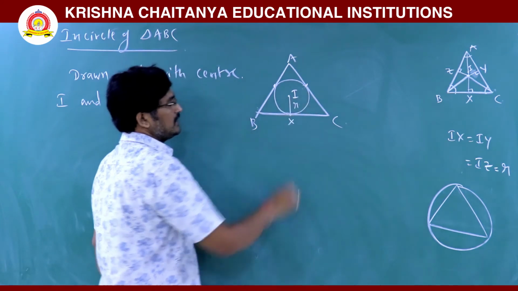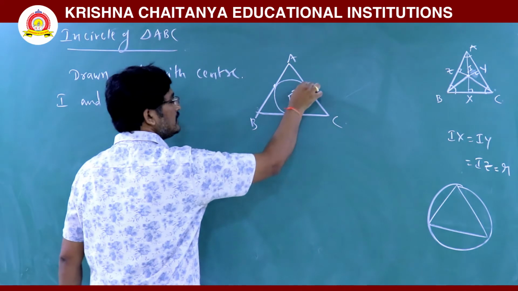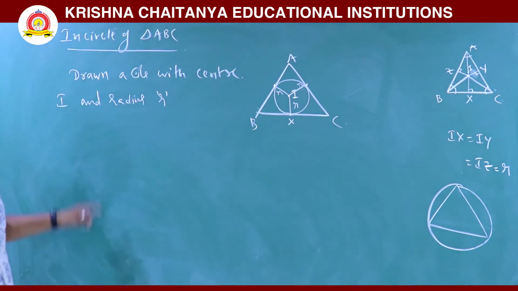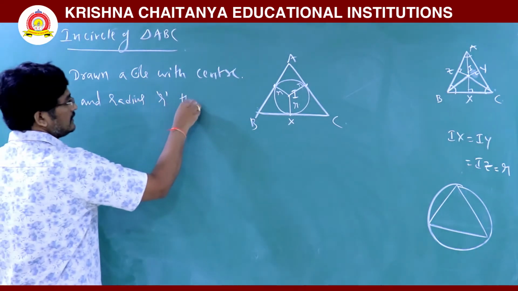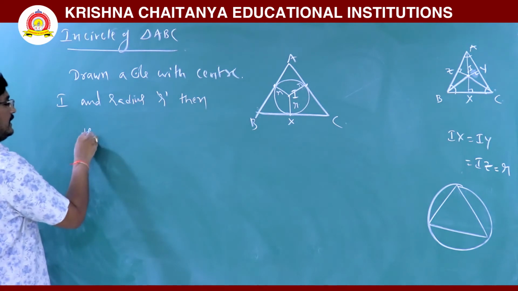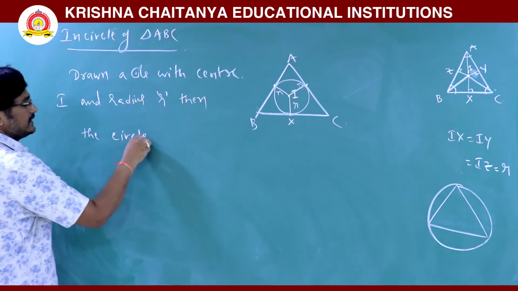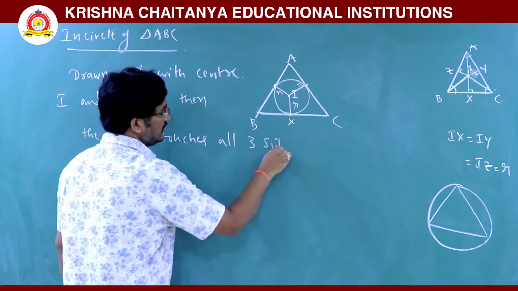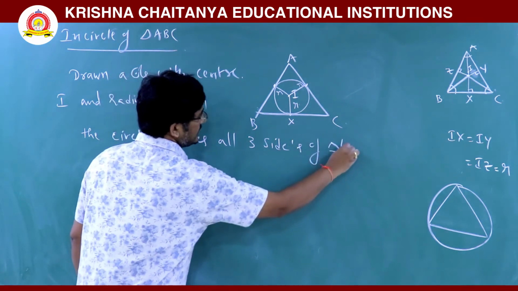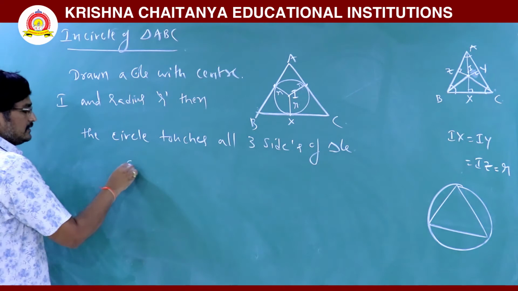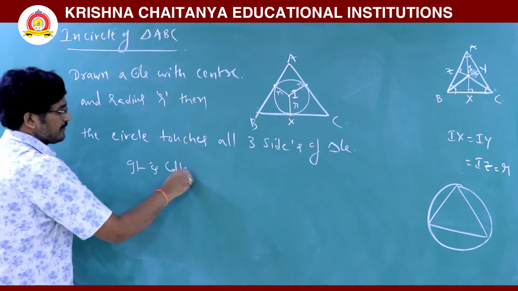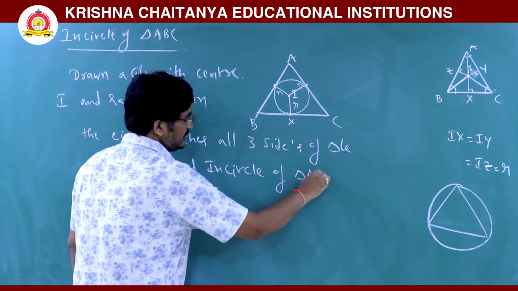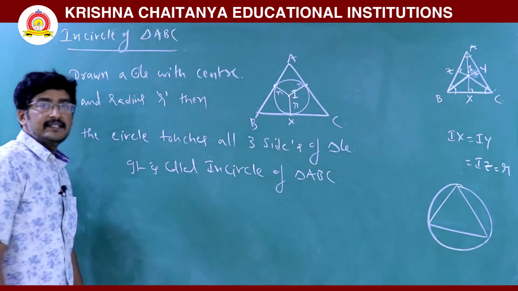So, draw a circle with center I and radius r, then that circle touches all three sides of the triangle. The circle is called the incircle of triangle ABC. That is the definition of incircle.